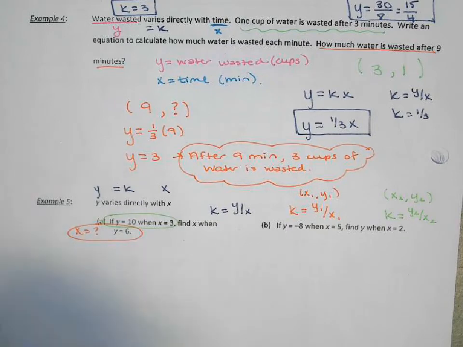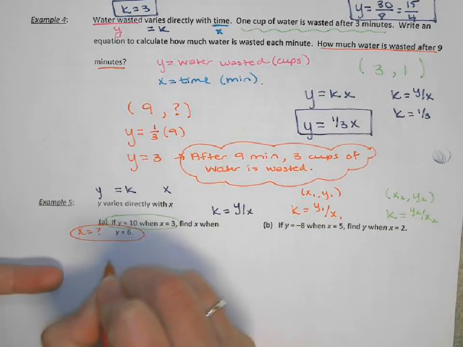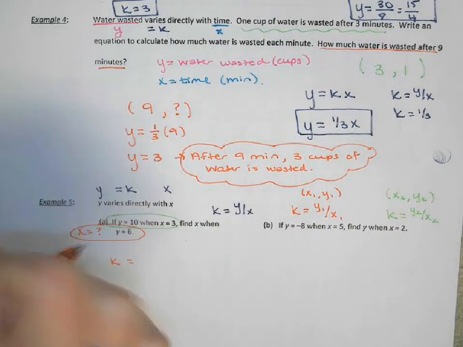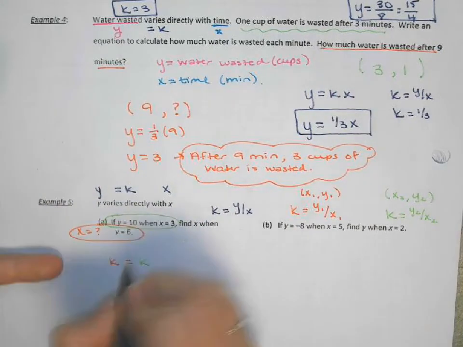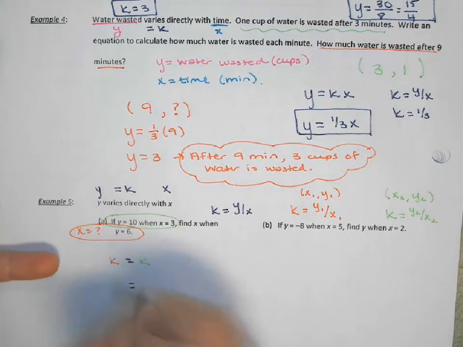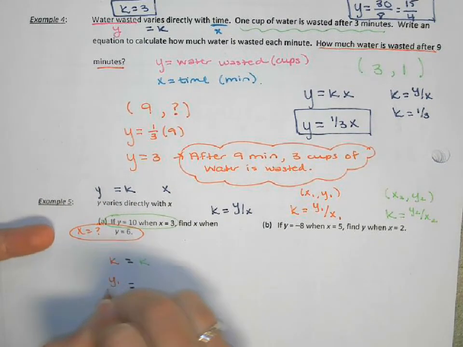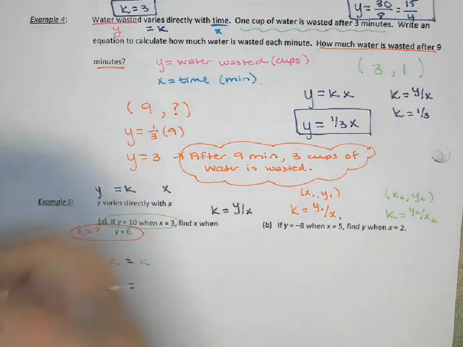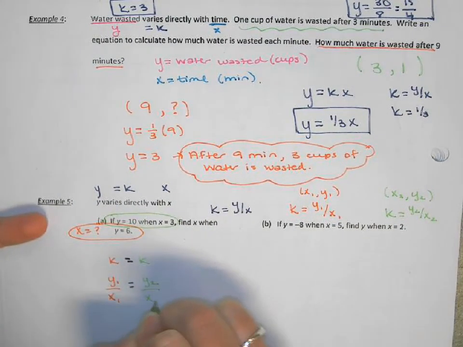So that means that I can say that if this k is equal to that k, the orange k equals the green k. And because of that, I know that if I find k with that orange point using y1 over x1, that'd be the same way of finding the k value with the green point.